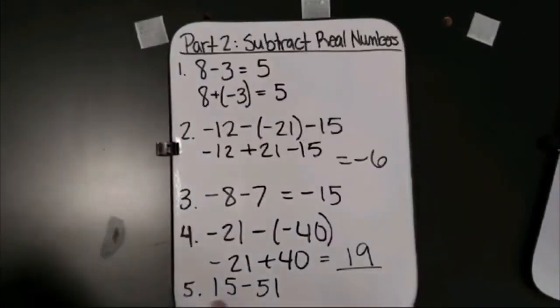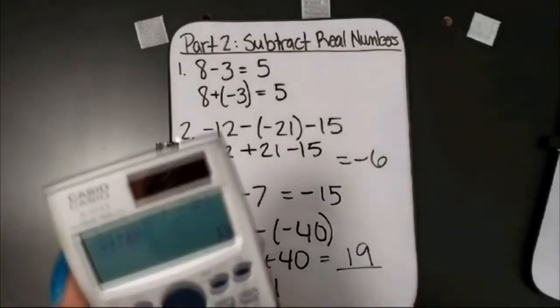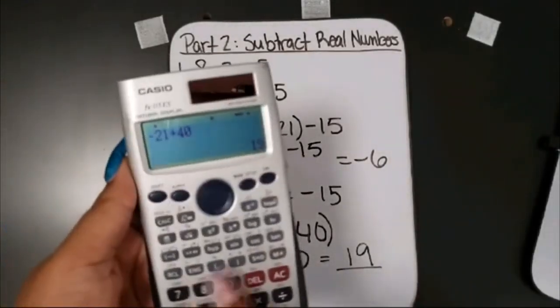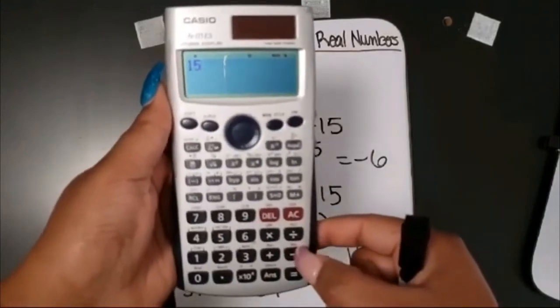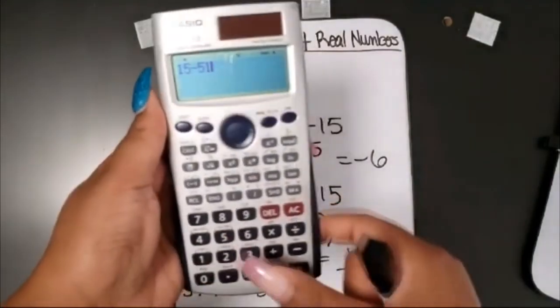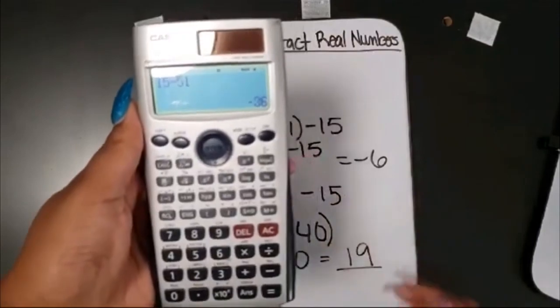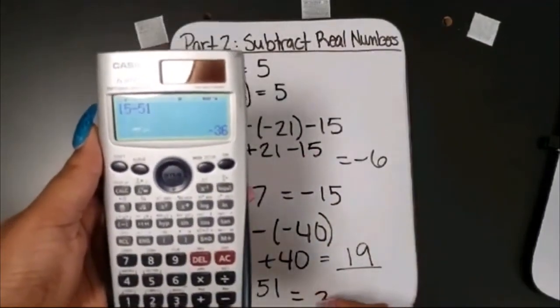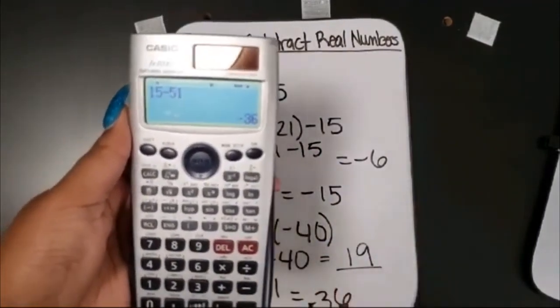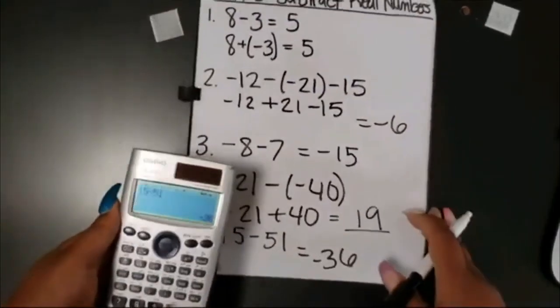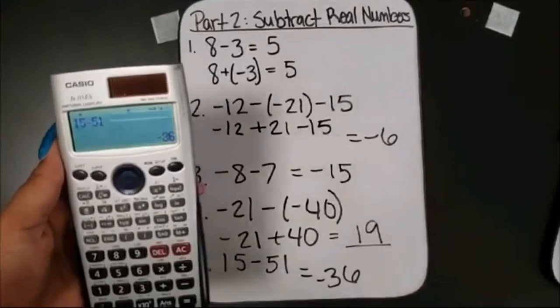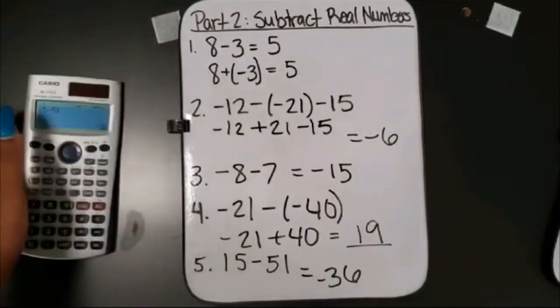So for number 5, we have 15 minus 51. So let's put that in our calculator. 15 minus 51, and we get negative 36. Okay? So that is how we subtract real numbers.